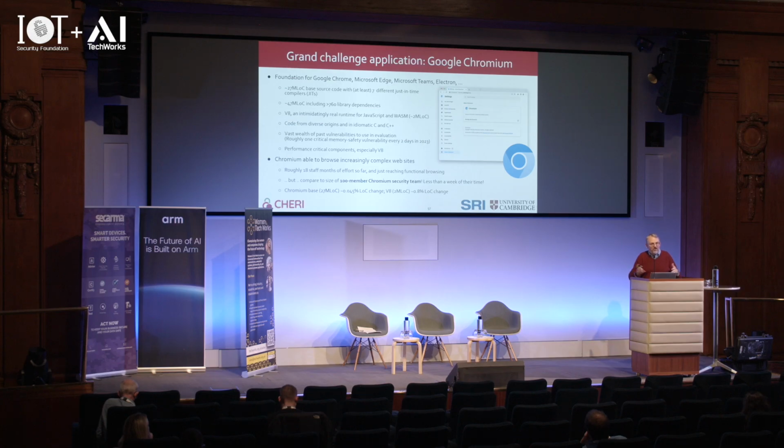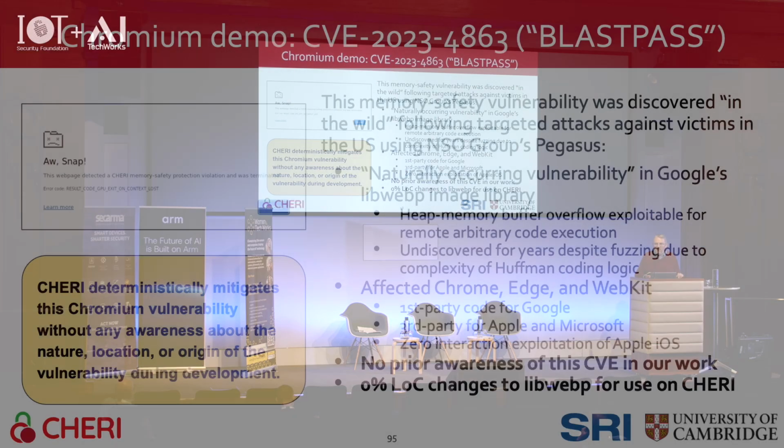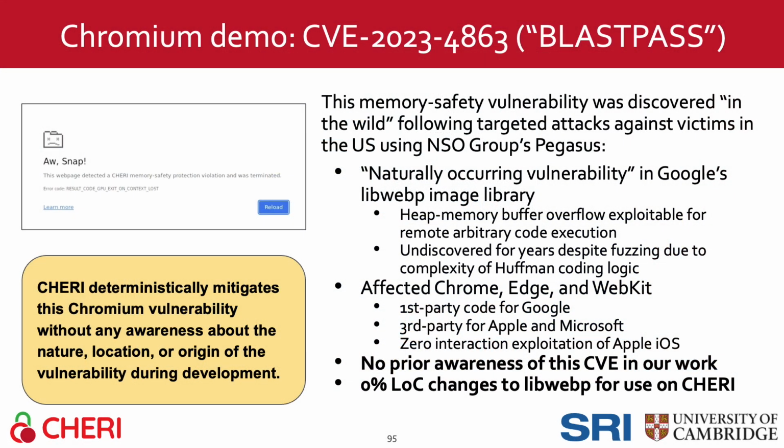And then we looked back, because we'd forked the code base, and we said, well, what vulnerabilities had occurred in that 18 months that are now published and Google have patched? And there were lots of them. And the great thing is we realized that CHERI just mitigated them. This is a great example. This particular CVE impacted the WebP library that Google uses.